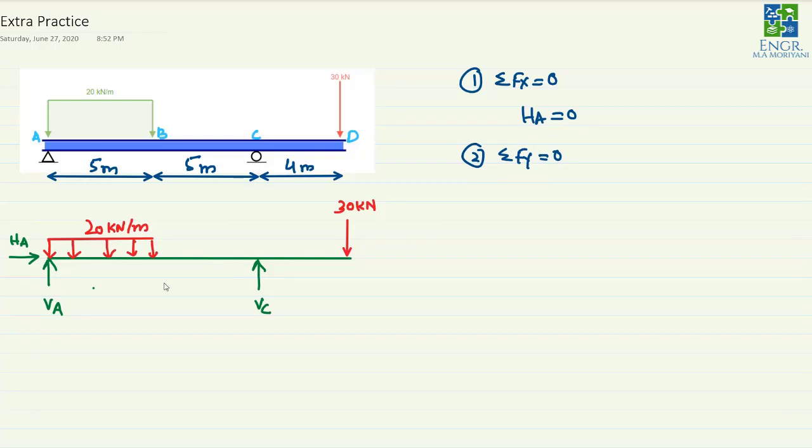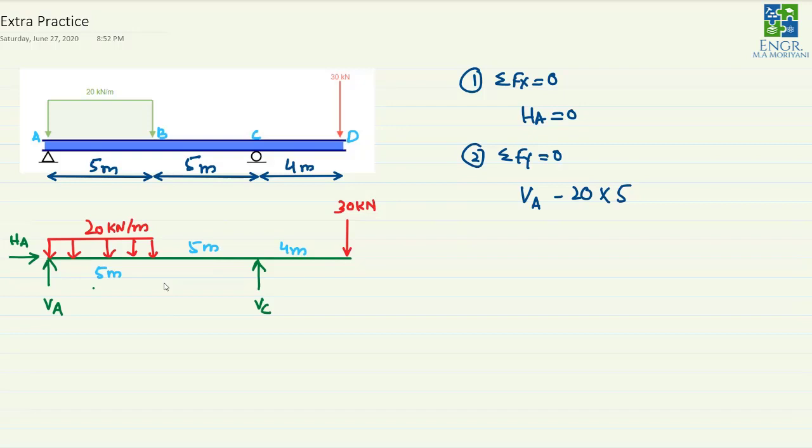When we apply the second condition of equilibrium, we have these two forces in the positive y direction and these red external loadings in the downward direction. By sign convention, upward forces are considered positive and downward forces are considered negative. So this will be positive VA, then minus 20 into 5, because 5 meters is the horizontal distance. As you can see, this is 5 meters, this is also 5 meters, and this is 4 meters.